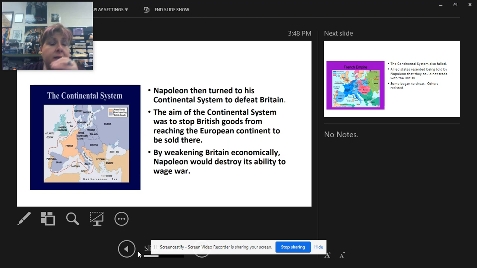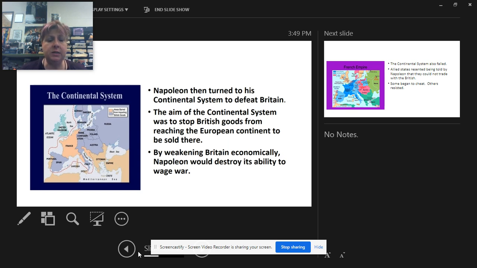He said they would not be able to trade with Britain, and Britain couldn't trade with them, because he felt this would weaken Britain economically, and then they wouldn't have money to wage wars. And all this did was create money for Britain. Britain was able to go and trade in other places and made them extremely rich.